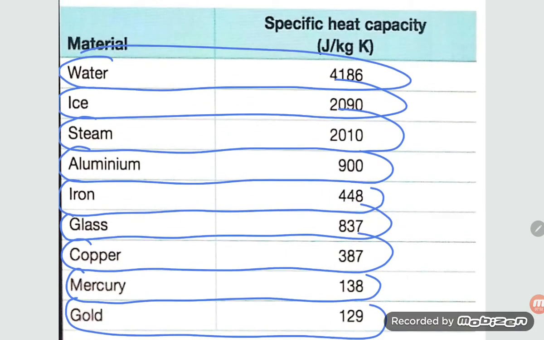So you can see the specific heat capacity is maximum in the case of water, that is 4186, and secondly it is ice, that is 2090, and steam it is 2010.